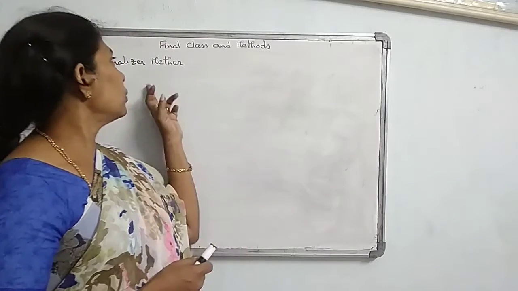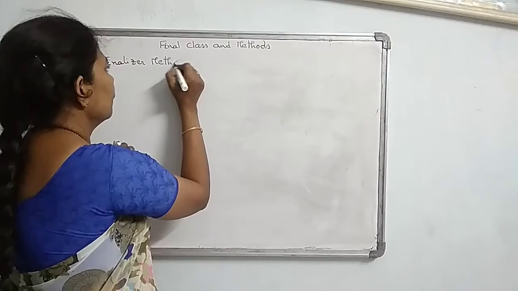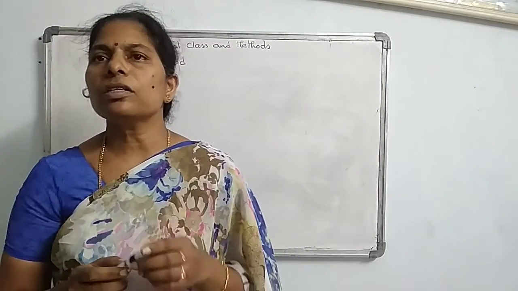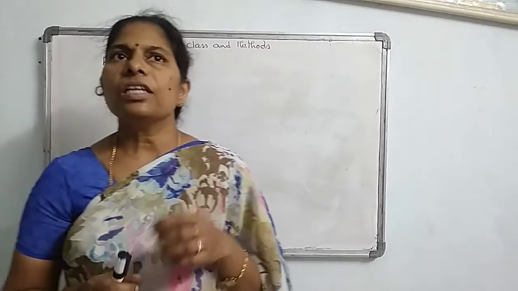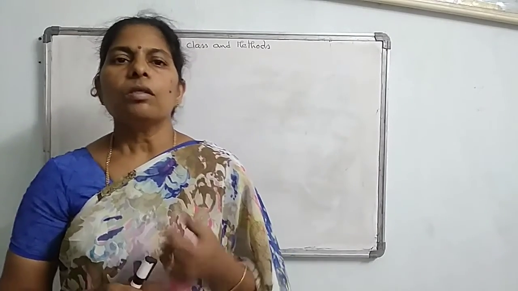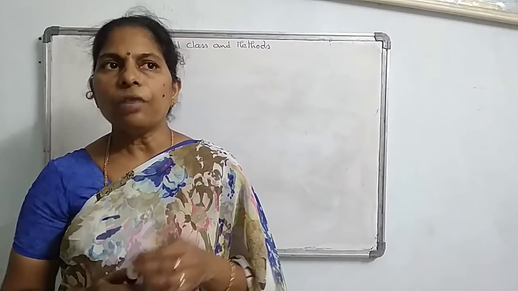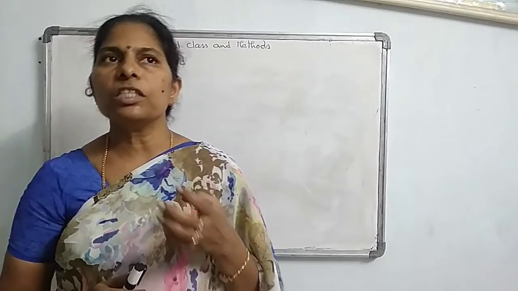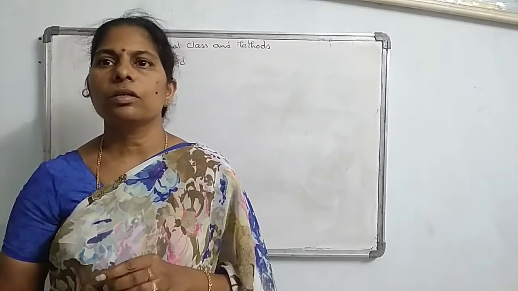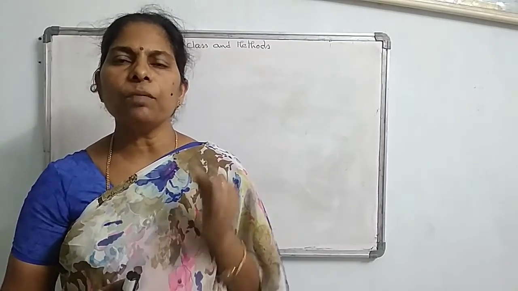Okay, now we will discuss the finalize method. The constructor method is used to initialize an object when it is declared. This is called initialization. The Java runtime has an automatic garbage collection system. It automatically frees up the memory resources used by the objects.